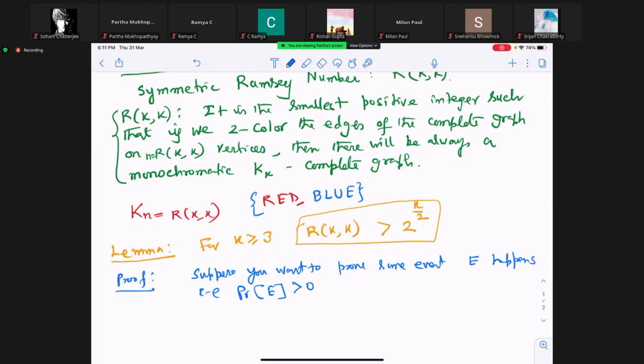But in other words, you can also show that the probability of the complement event is not full. That means it is strictly less than 1. If you prove that the probability of the complement event is strictly less than 1, that means you know that there is a non-zero probability that event E happens.